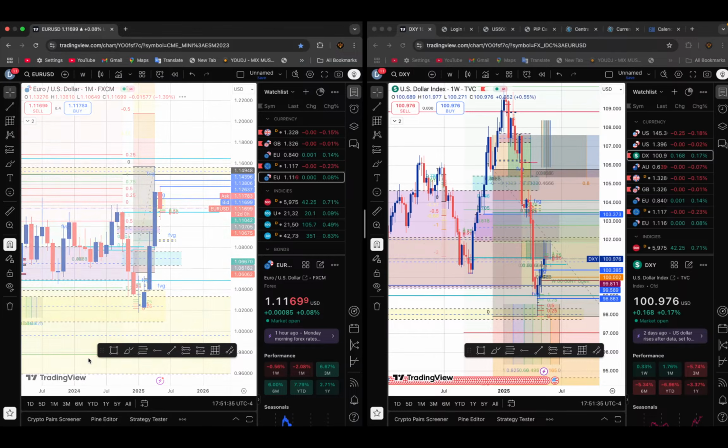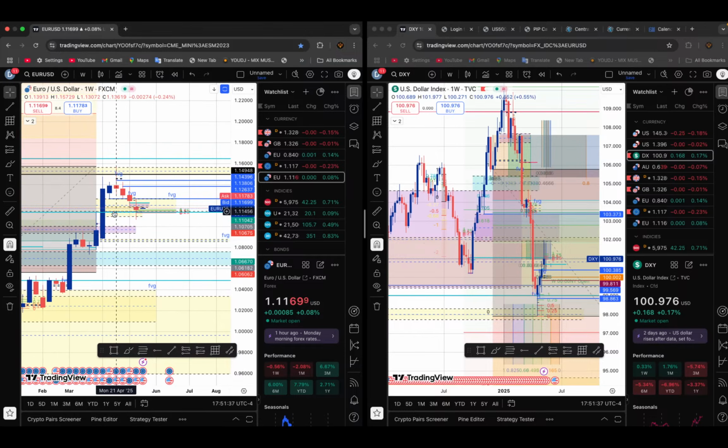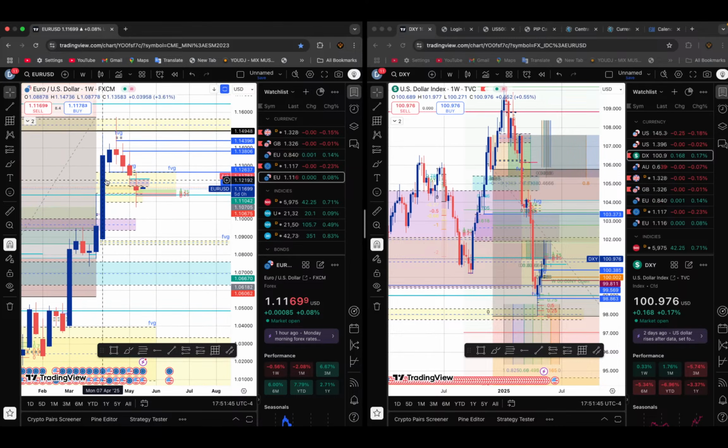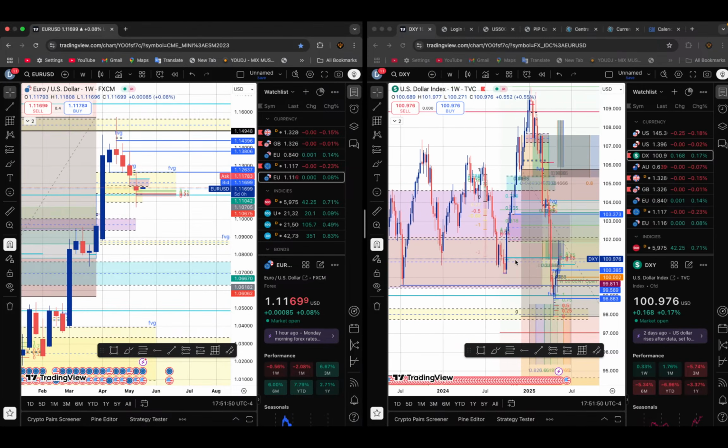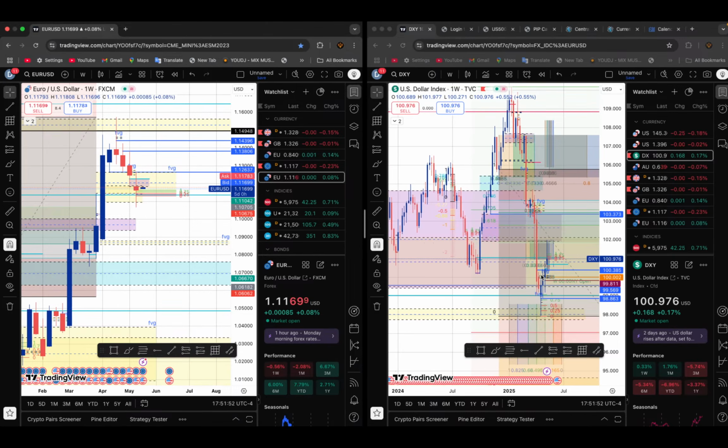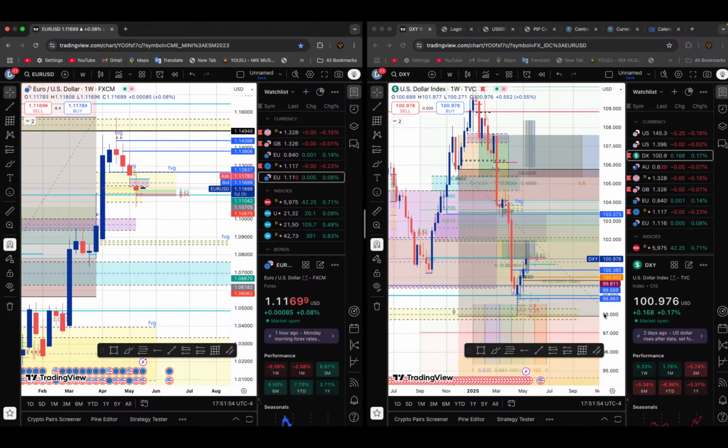We'll show how it's done the same thing here as well. You can see it closed above this high, so it's staying in there. Ideally we would start seeing movement lower.